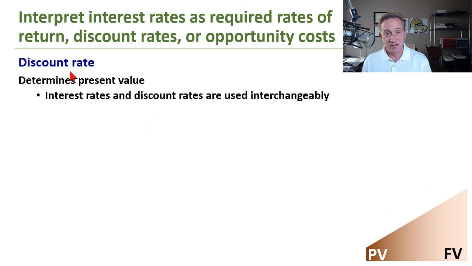The second is the discount rate. So this might be the most common way that we encounter it. And this is when the interest rate is used as a discount rate to translate a future value into a present value.